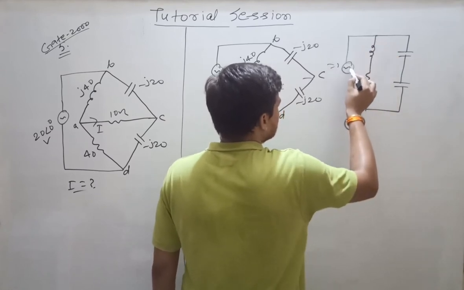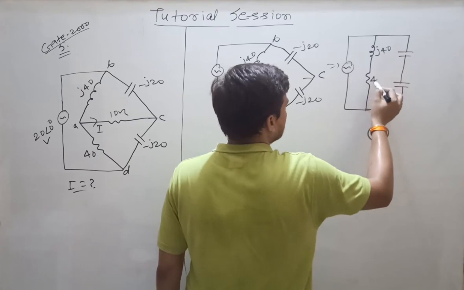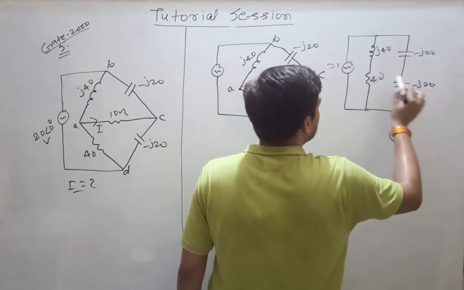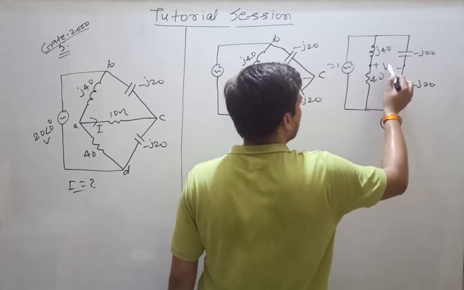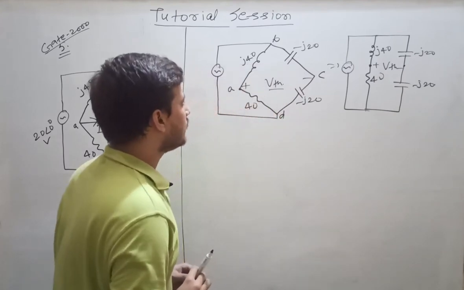You can write the circuit like this one, j40, 40, minus j20, minus j20. Once you are able to simplify the circuit, you will get the answer. Clear? So next, how to calculate VTH?